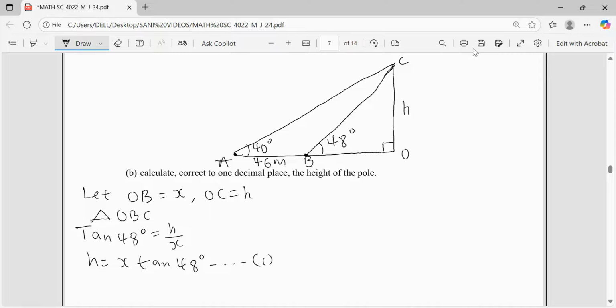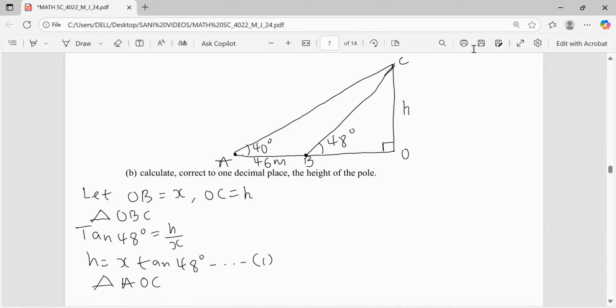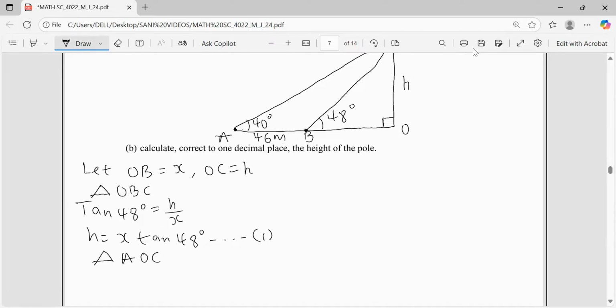Also from triangle AOC, that's the bigger triangle, tan 40 degrees equals opposite over adjacent.